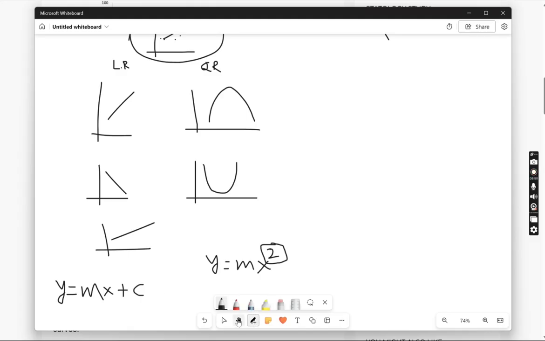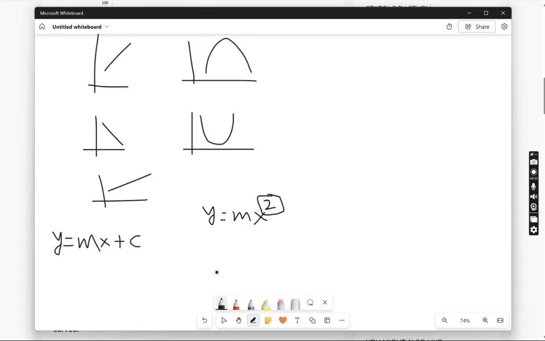The general equation is this, which you must have seen in high school: ax squared plus bx plus c. This is the general equation for quadratic. So mathematically, if you want to measure this relationship, you have to apply this equation.